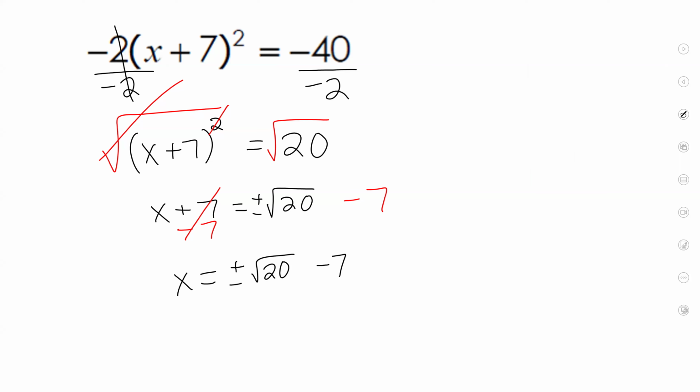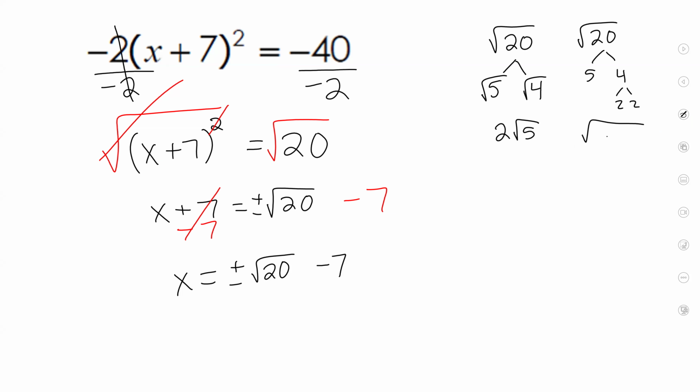Now, before I box my answer, didn't I just teach you guys how to reduce these square roots? Let's reduce this. What are two numbers that multiply to 20? Good, 5 and 4. Do you know the square roots of these? The square root of 4 is 2, so this is 2 with the square root of 5. If you want to do it the other way, you know this is 5 and 4. This can be 2 and 2.